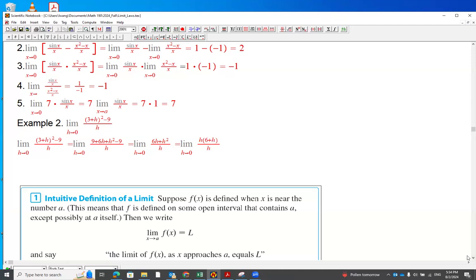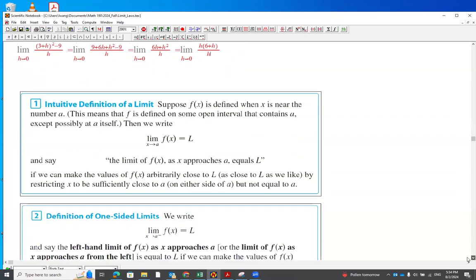Okay, so we are right next to the intuitive definition of limit. You can see that in the definition of limit, we don't require the function is defined at 0. And in fact, it is not. This function of h is not defined at 0.